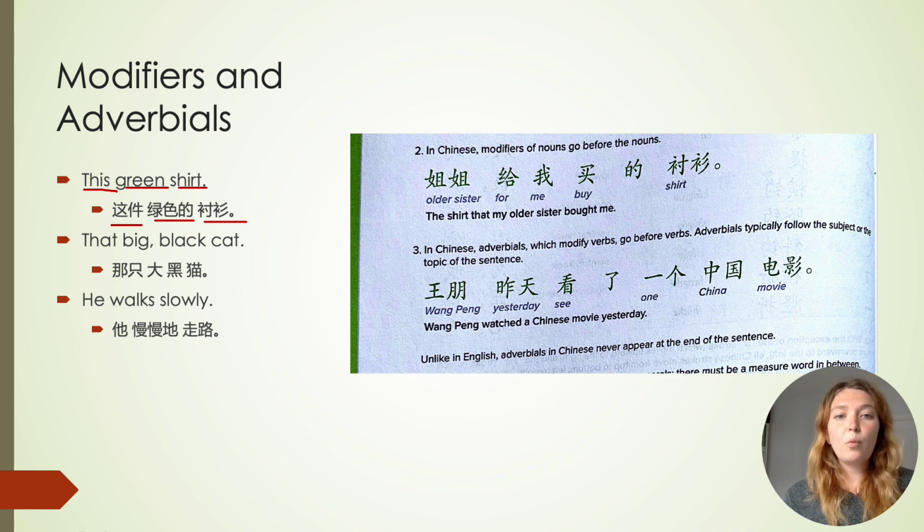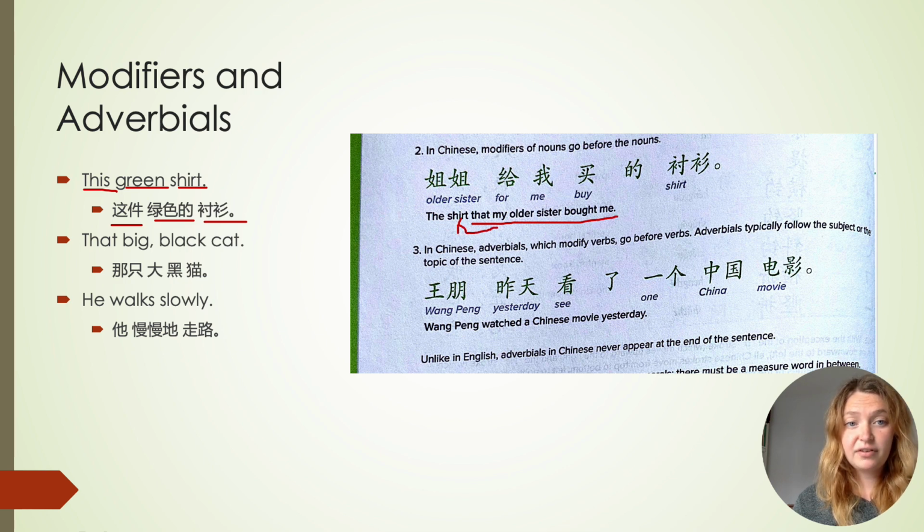But here we go. What they've given you as an example is the shirt that my older sister bought me. In this case, in English, we would put this modifier after the noun that it modifies, but we don't do that in Chinese. We always put the modifier before. So in this case, we have older sister give me buy shirt, right? It's a little bit caveman speak.